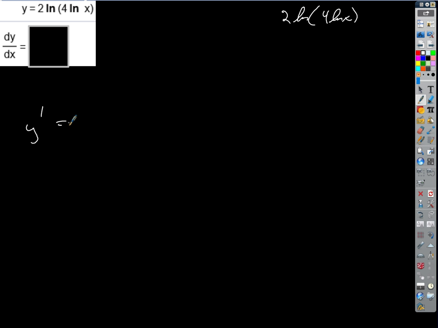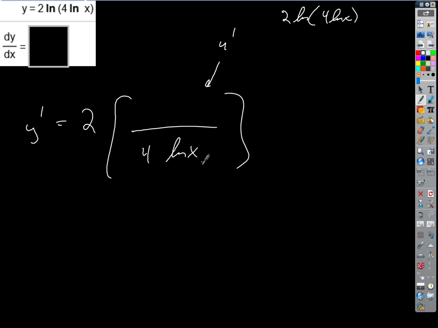So I got derivative of log u, which would be, it's kind of hard to write these separately, isn't it? So I'm going to get u prime, we'll leave the space, divided by u. Okay, so I'm going to get my 2 out front, my constant, and then I've got my u prime, which we have yet to do, over my 4 log x.